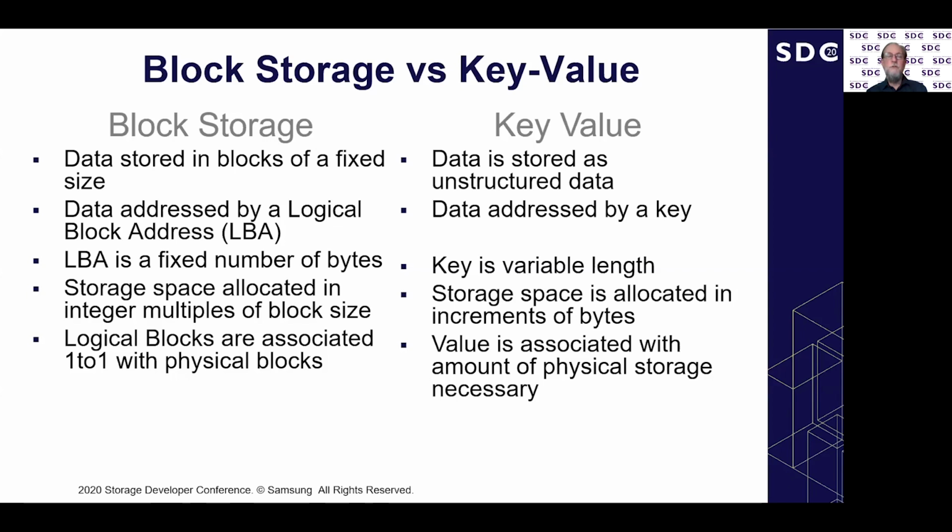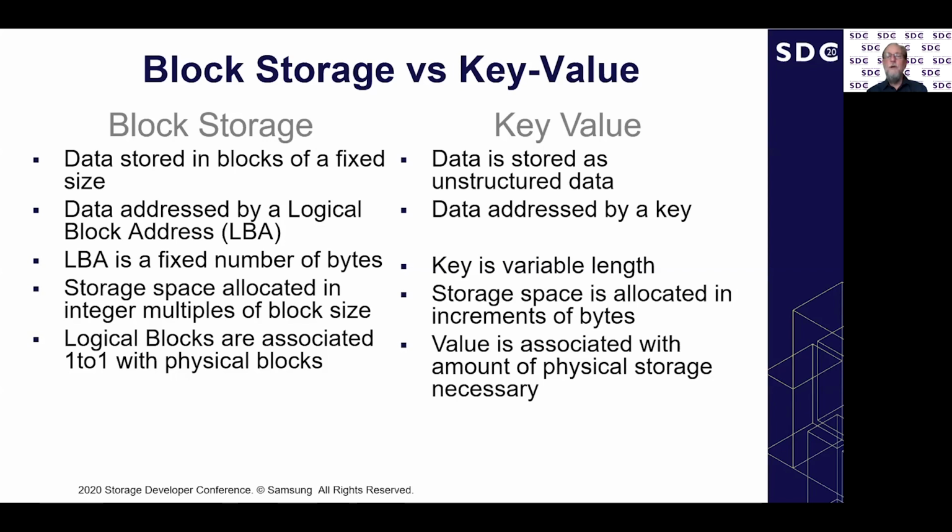In block storage, your storage space is allocated in integer multiples of block size. So if you have a 4 KB block size, you allocate either 4 KB, 8 KB, 12 KB, 16 KB, etc. In key value, the storage space is allocated in increments of bytes. So if your value happens to be 1 GB, then you allocate 1 GB of space.